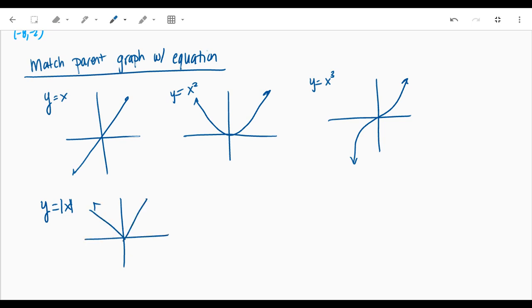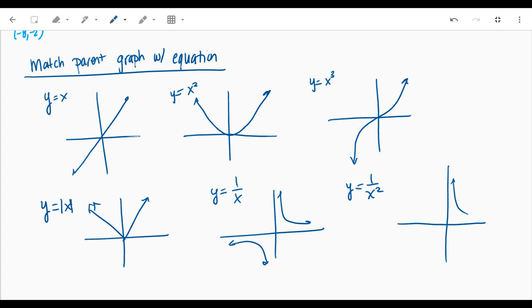You guys might remember y equals 1 over x, which is your hyperbola. And y equals, I'm not sure if we did this in Algebra 2, 1 over x squared, which is similar to the hyperbola, but it's 2 branches on top.